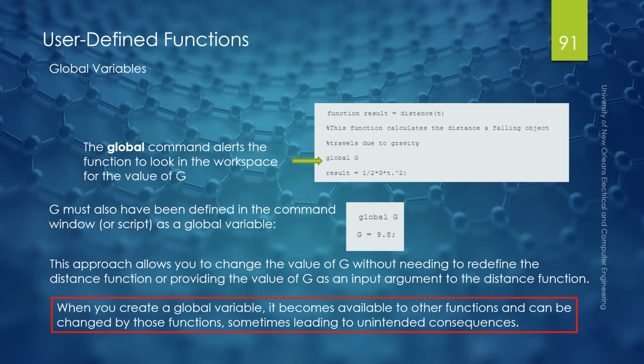MATLAB doesn't really care about it, but the point is that it's easier to identify global variables if you use a consistent naming convention. Because in that way, if you ever run into a problem, the variable may be changing without you doing anything. Some other program may be changing that variable that you define. Then it's easier for you to find it.